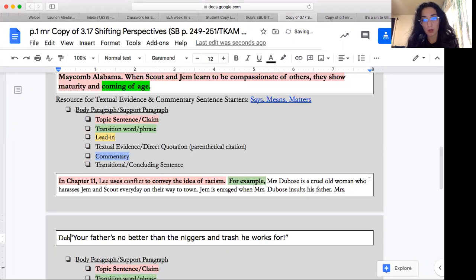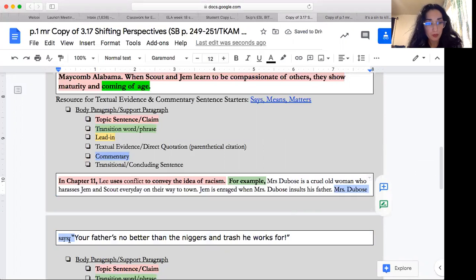Mrs. DeBow says, comma, and if that's where you're at, that's okay. If you want to add on to that, you can, but this is perfectly fine. Whatever you do, don't leave it with just a floating quote by itself, okay?